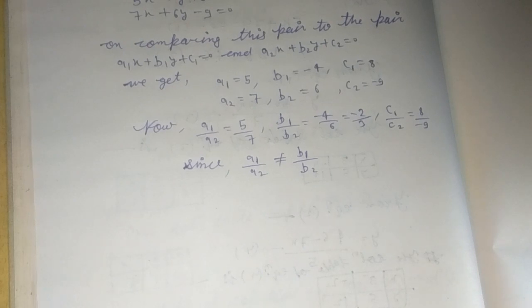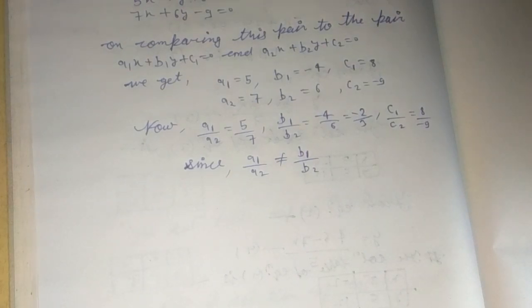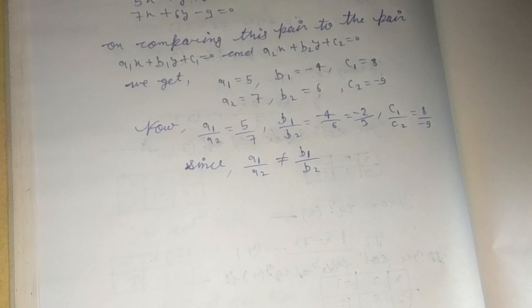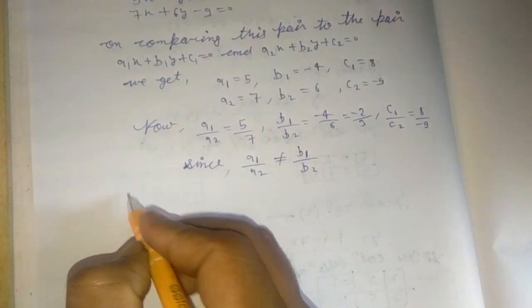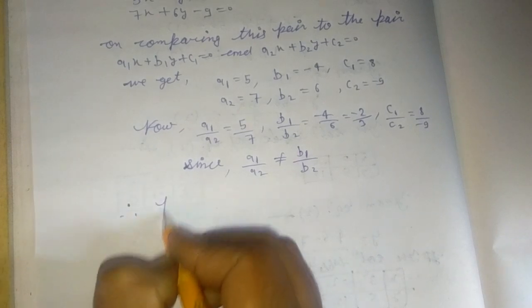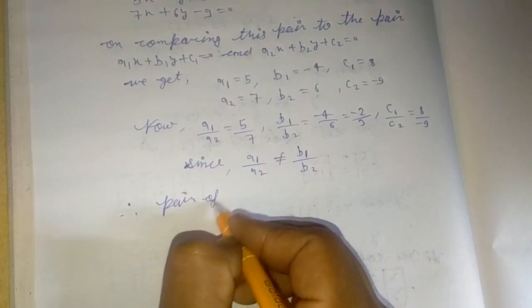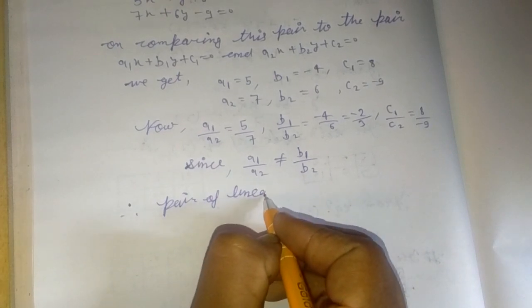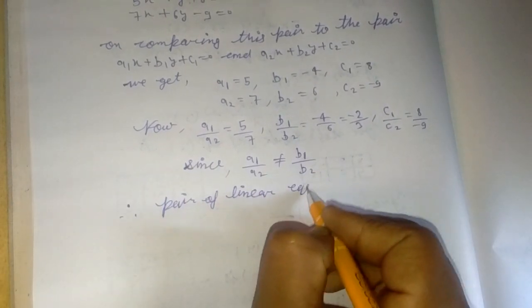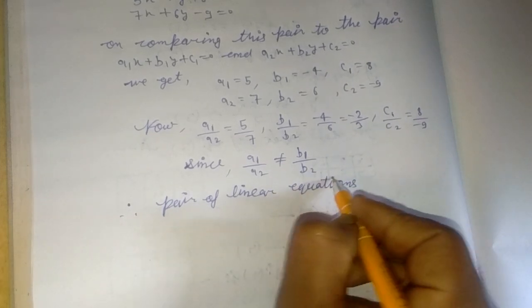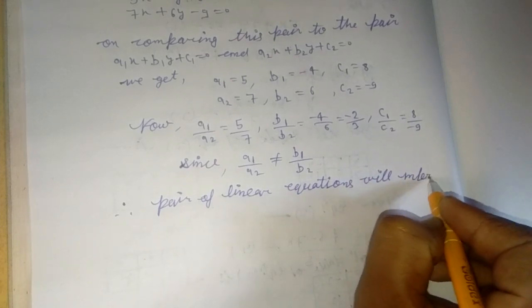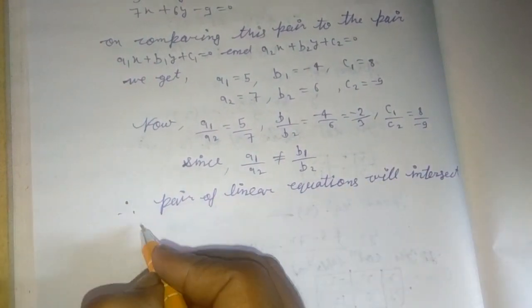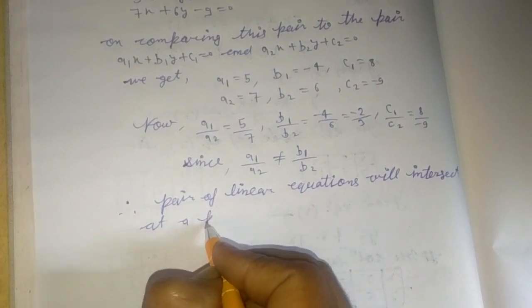We know that when a1 upon a2 will not equal b1 upon b2, then we can say that the pair of linear equations intersect at a point. Okay, therefore pair of linear equations will intersect at a point.